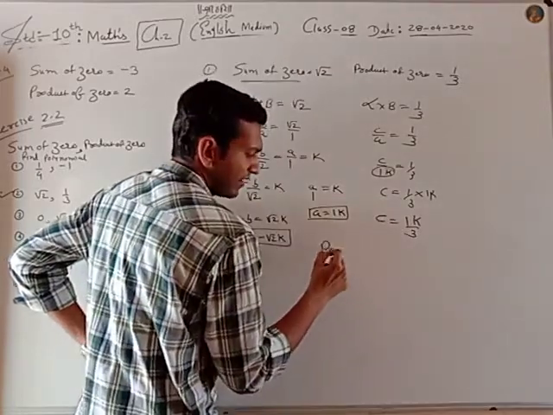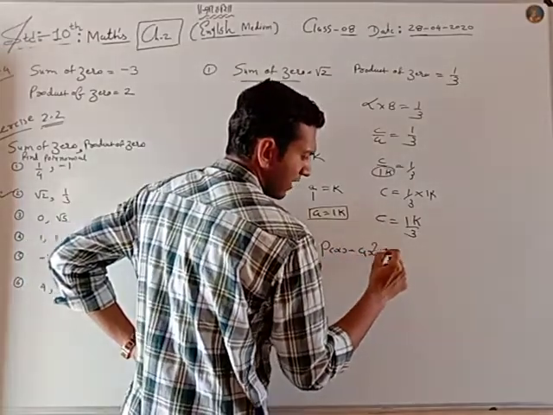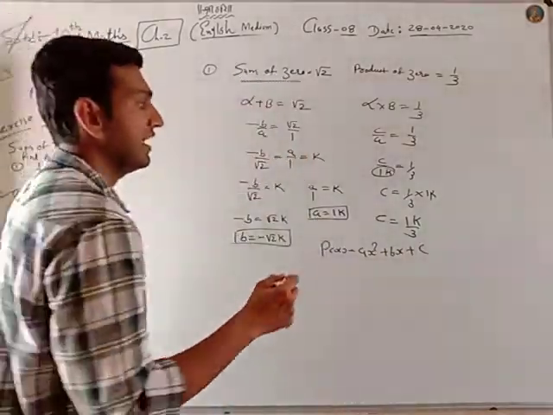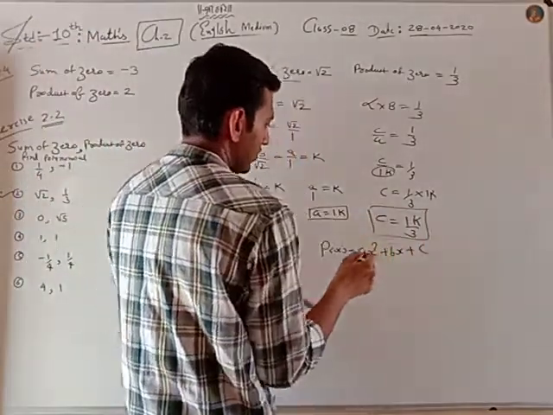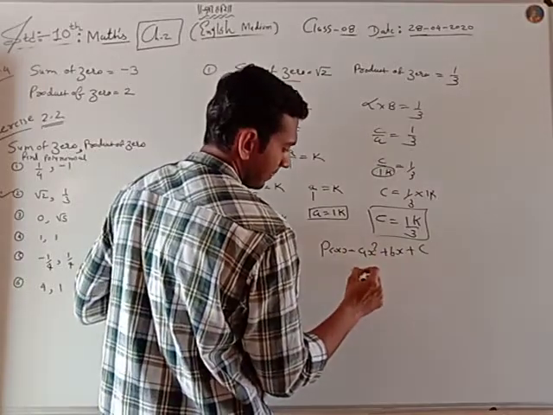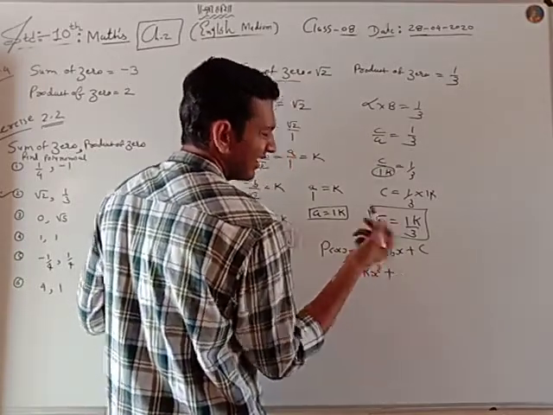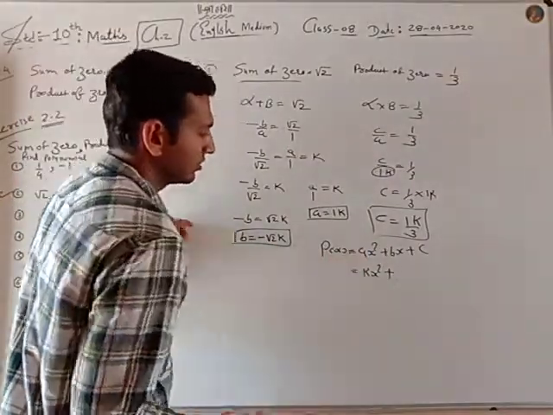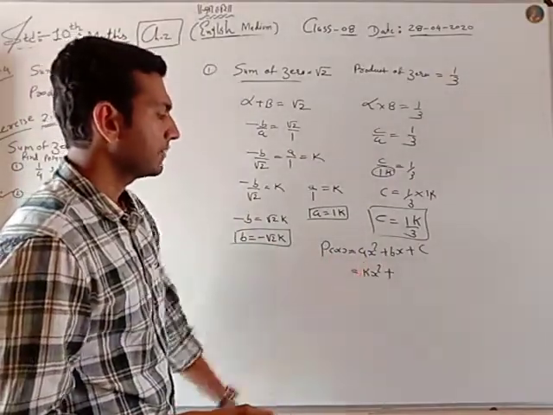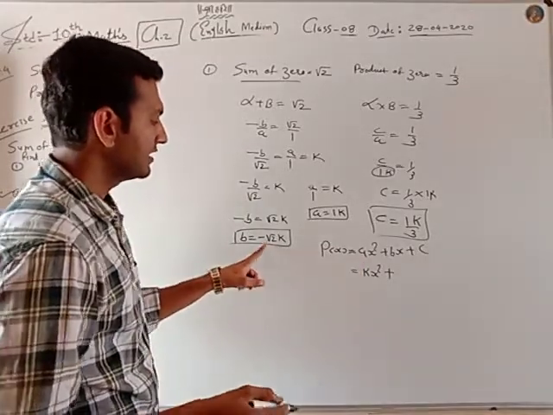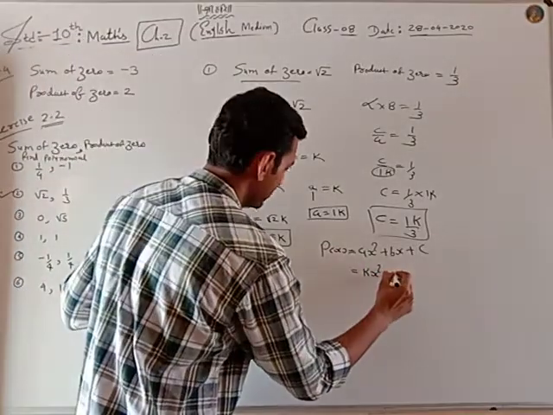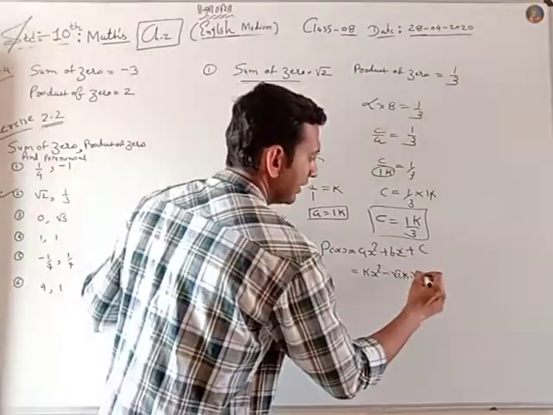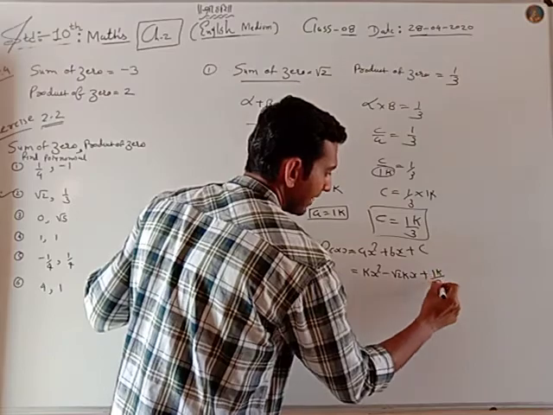Now the general formula of the quadratic equation: ax square plus bx plus c. Putting the value of a, b and c, so a is 1k, means kx square, 1 is the identity element for multiplication, so here I am not writing a 1. Now b is equal to minus root 2k, this x as it is, plus 1k by 3.